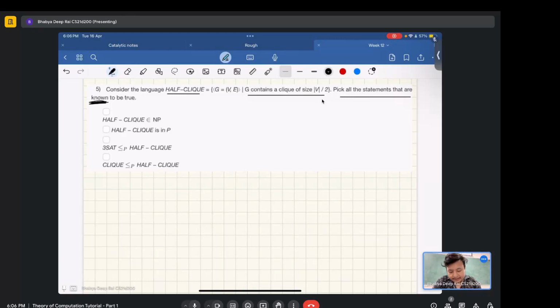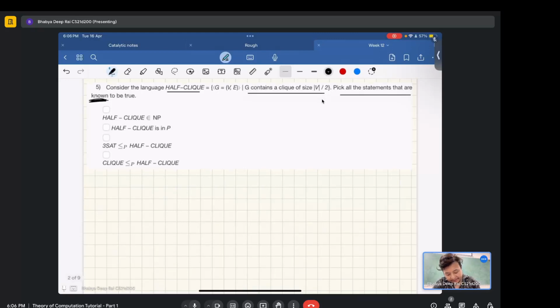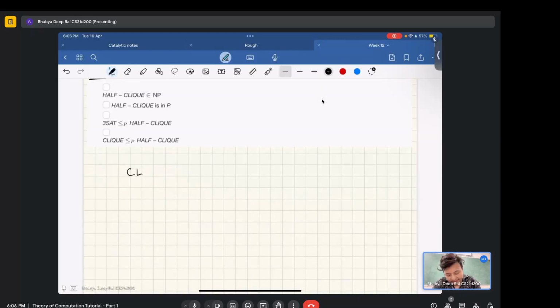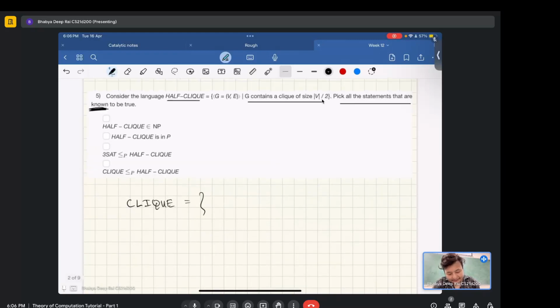They are talking about half click. So first, let's talk about click, before we even look at half click. Click is the set of all (G, k), graph such that a graph G contains a click of size k.